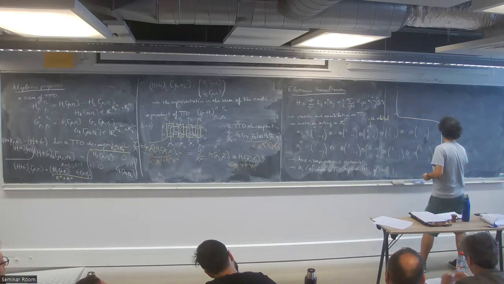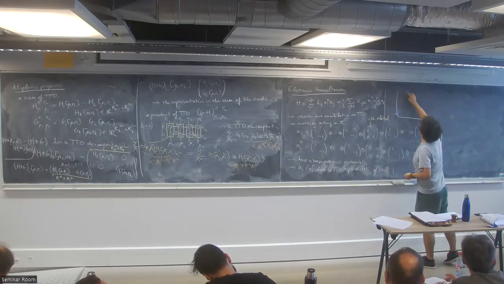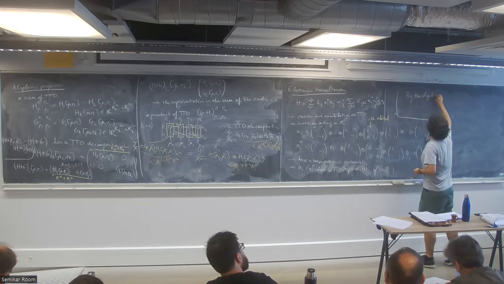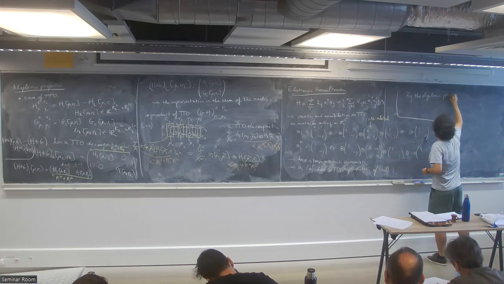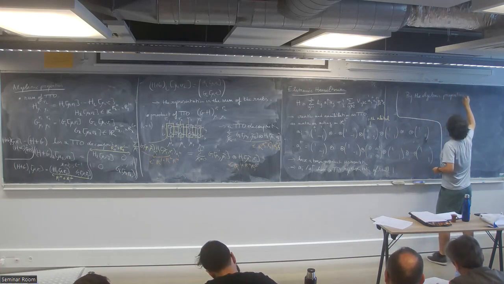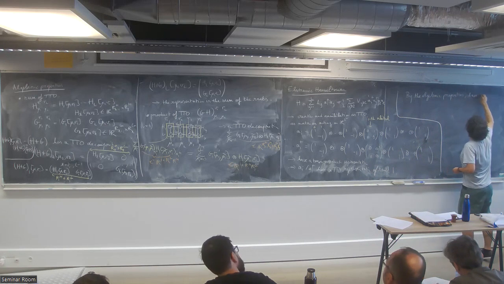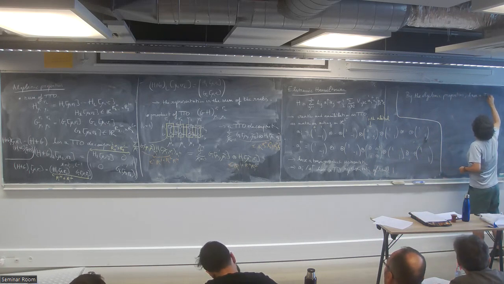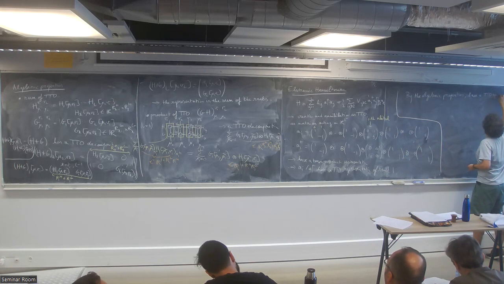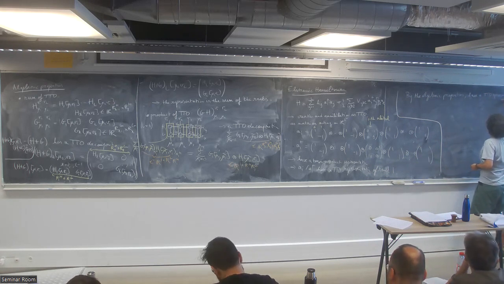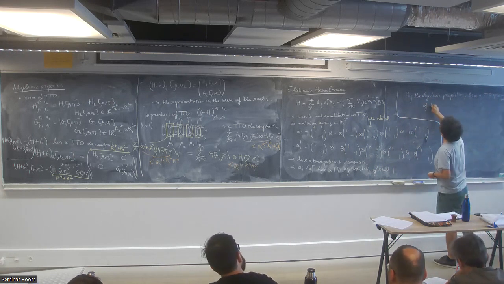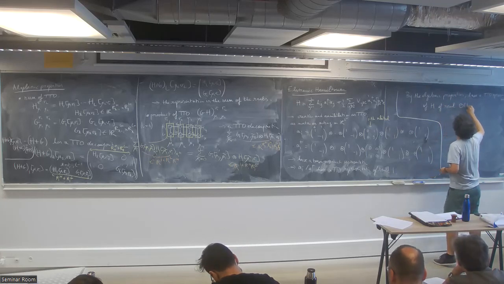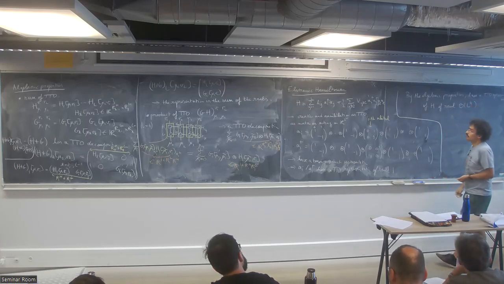So I'm going to write it down. Using these algebraic properties, we have a TTO representation of H of rank L to the 4.